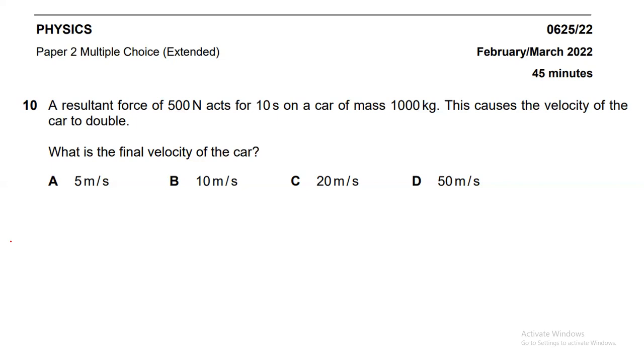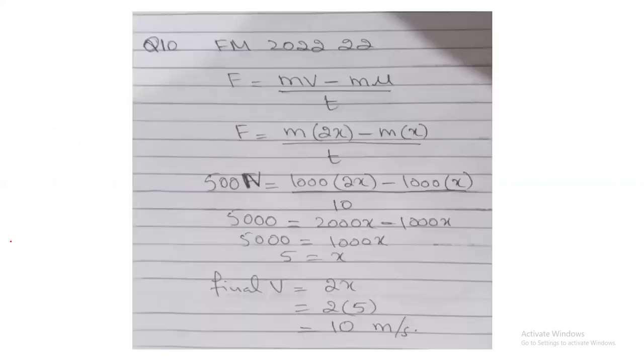So we will apply the formula that the resultant force is equal to the change in momentum divided by time. So F is equal to mv minus mu, divided by t. Suppose the mass is m, the initial velocity is x and the final velocity is 2x. So F is equal to m into 2x minus m into x, the whole thing divided by t.